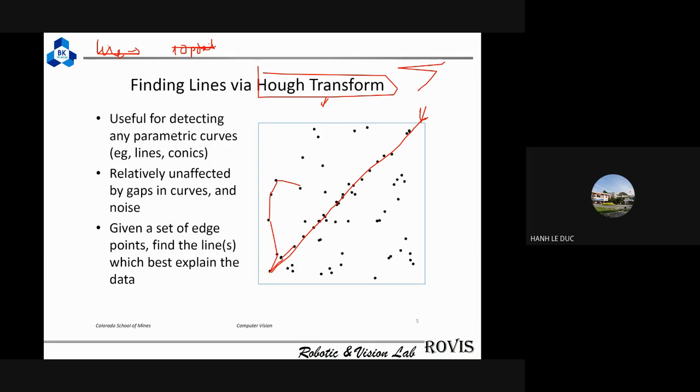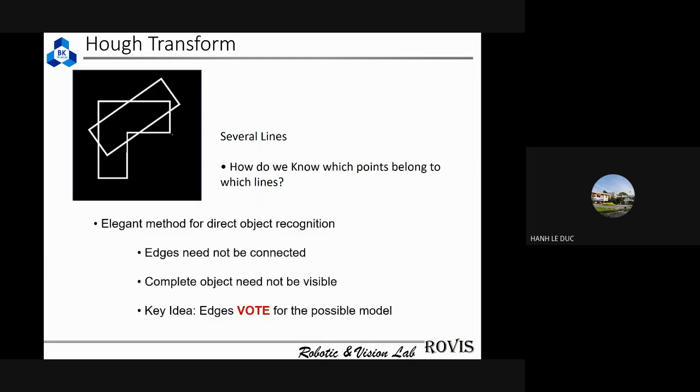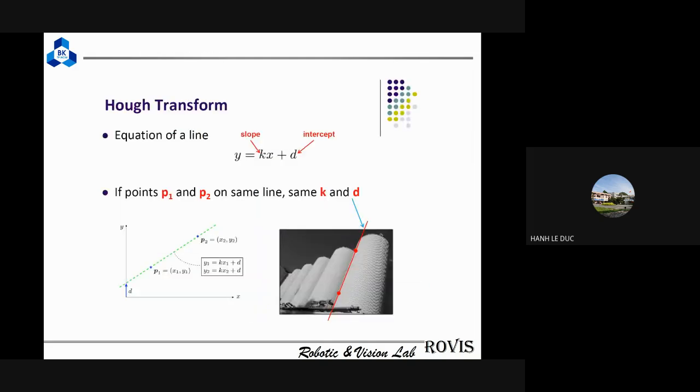Okay. So let's see what the Hough transform formula is. How can it do it? So okay, let's go back to the mathematics first. This is the mathematics of the straight line, right? A very common equation.